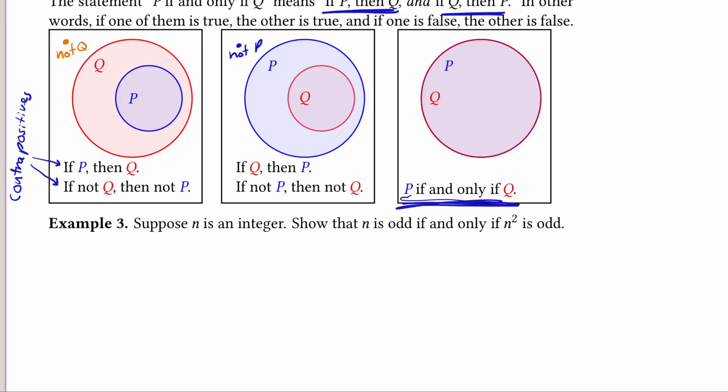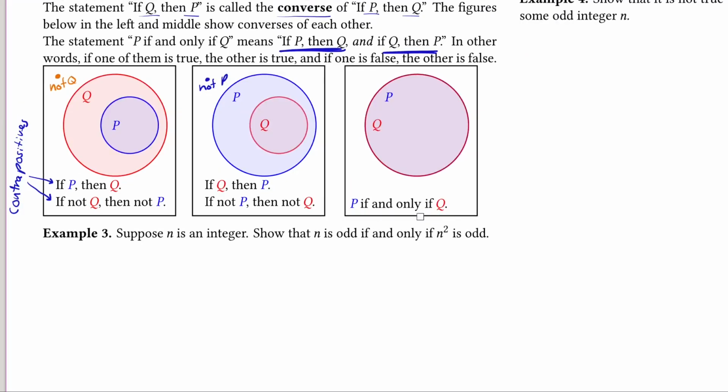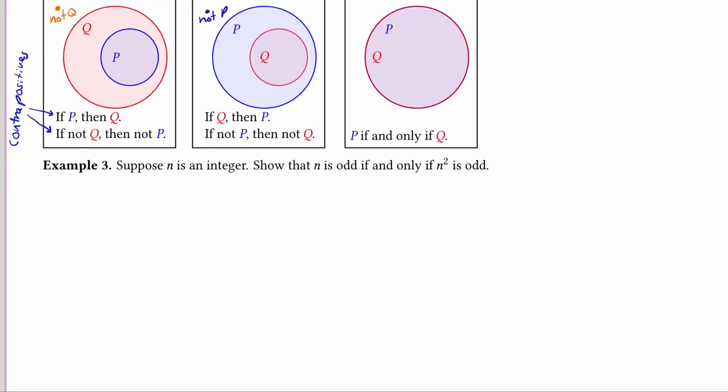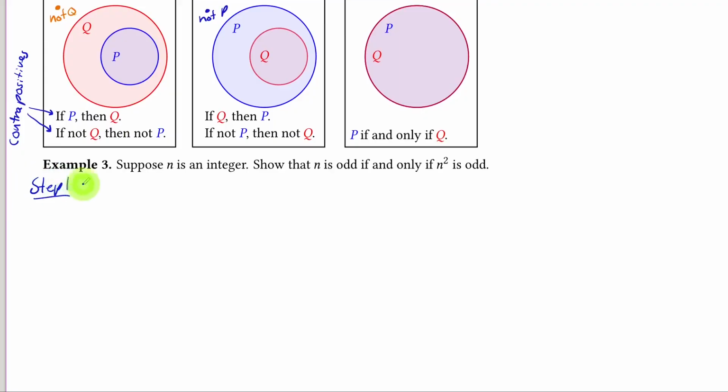Suppose that n is an integer. Show that n is odd if and only if n squared is odd. So what we need to prove is that if n is odd, then n squared is odd, and also if n squared is odd, then n is also odd. Let's do some scratch work to think about this.